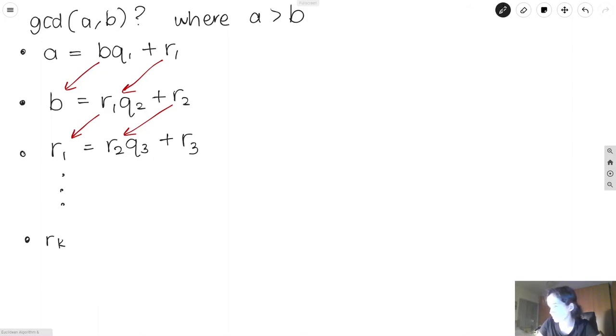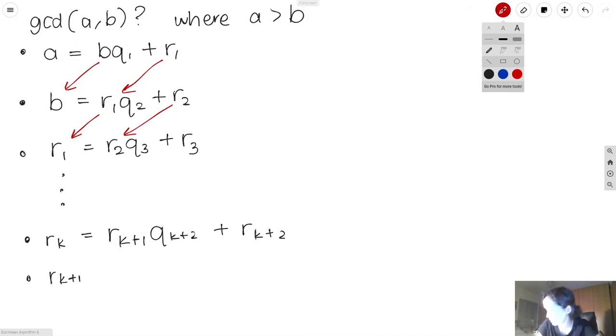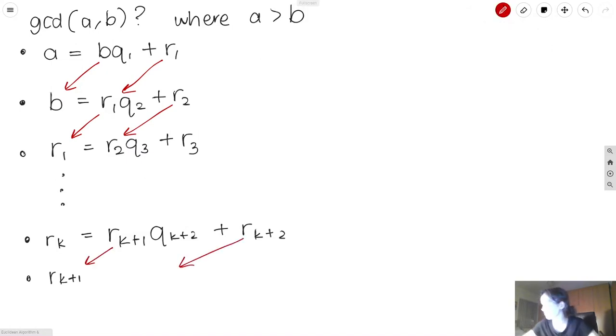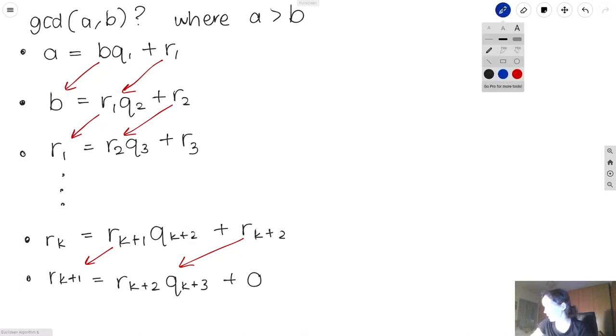We repeat this, where r(k+1) is equal to r(k+2) times q(k+3) plus 0, moving these values over each time. So we repeat this until we reach 0.